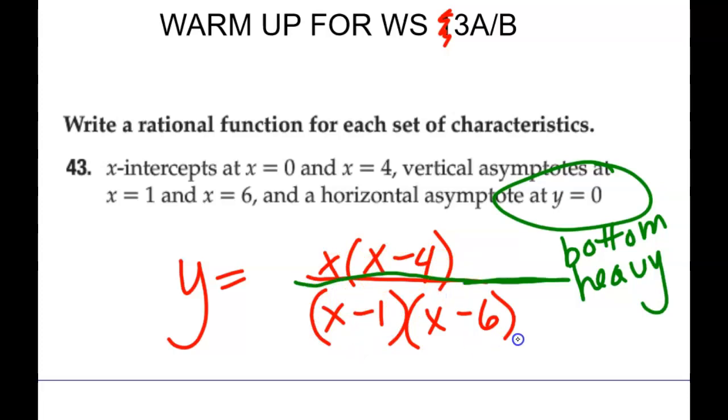So that's not going to work. But I could put in x plus 2. Now is it bottom heavy? Okay, it has an extra vertical asymptote, but it didn't ask us that, right? It just said it has to have at least. So you could do that. You could have squared one of those in the denominator to make it have an x cubed in the denominator. Something like that. All right, let's keep going.